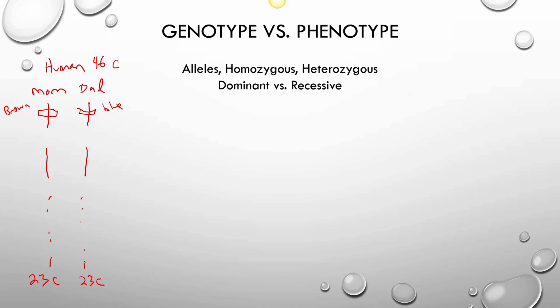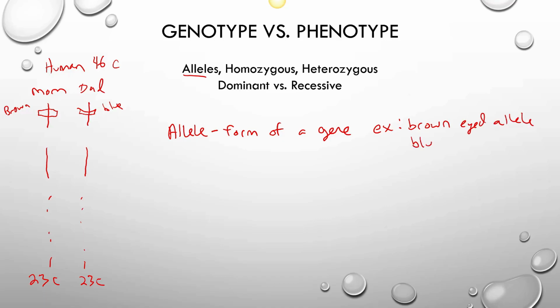So what is an allele? An allele is a form of a gene. So for example, you can have the brown-eyed allele or the blue-eyed allele.